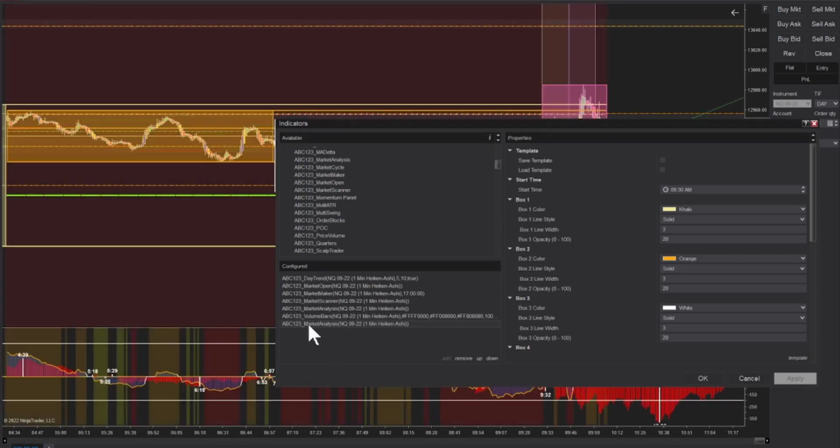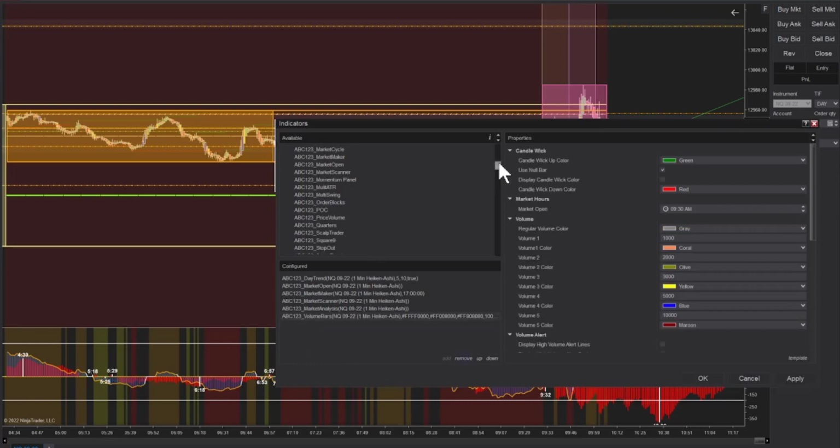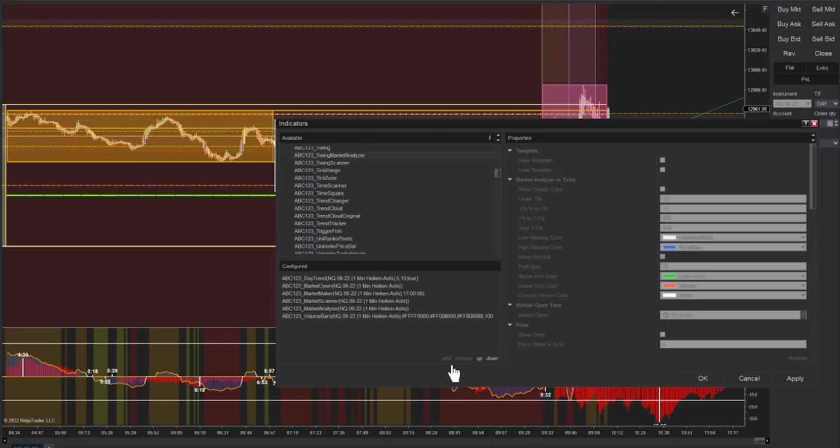Or do I have already a market analysis? I do, sorry. It's been a while. My brain has been fuzzy. It's been gone for about a month and I've been trading slowly here. Market cycle, market maker, market scanner. Oh, swing market. I remember what it was called. Swing market analyzer. That's right. That's what I want.